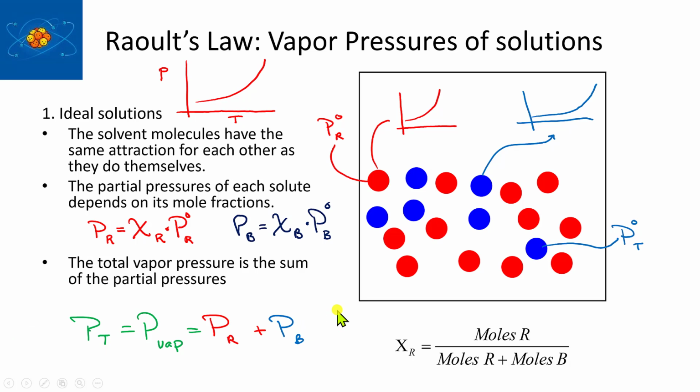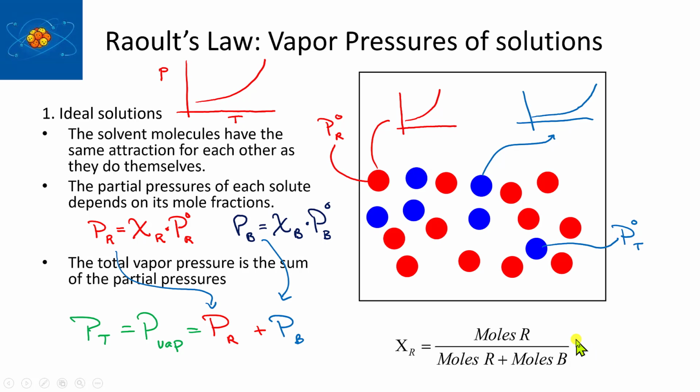So that's how we find the vapor pressure above a solution: we take into account for each component of the solution the pressure exerted by each one separately and simply add them together. Now this is what we do when we have what's called an ideal solution. In an ideal solution, the individual solvent molecules have the same intermolecular attractions with each other as they do with themselves, so there's no energy change when the solution is formed.